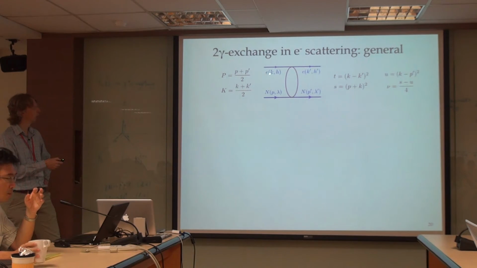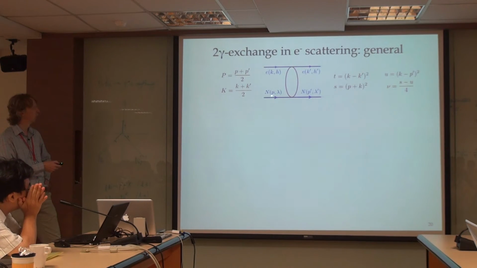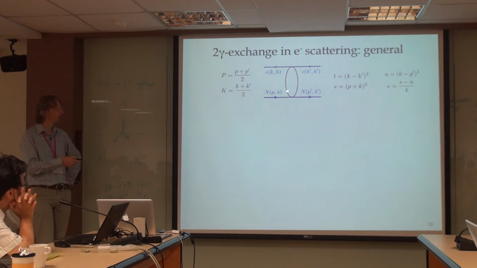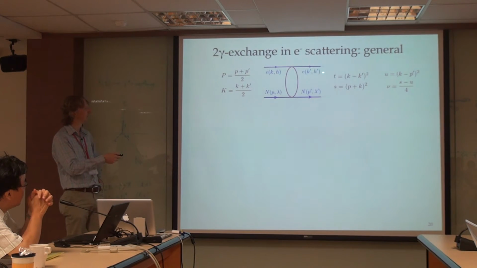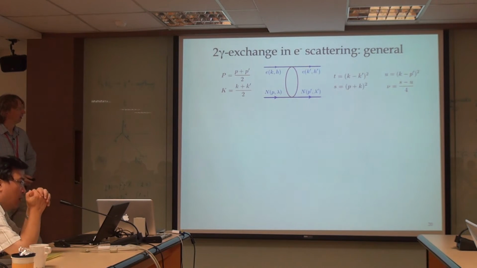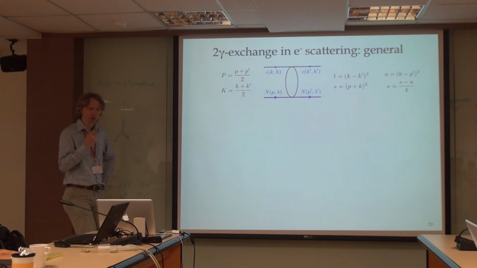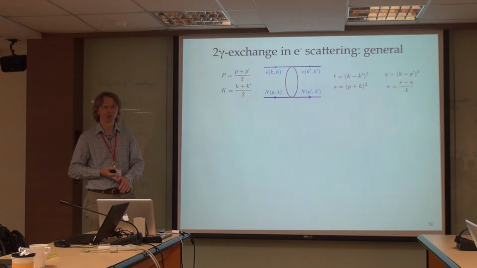So an electron with a momentum k and a given helicity h is hitting a nucleon with a momentum p and a helicity lambda, and they scatter with momenta k prime and helicities h prime and p prime and helicity lambda prime. So how many amplitudes or helicity amplitudes do you think are needed to describe this process in general?